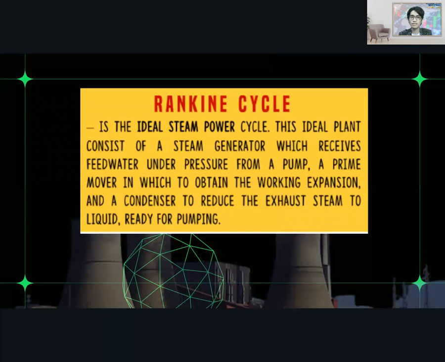This ideal plant consists of a steam generator which receives feed water under pressure from a pump, a prime mover in which to obtain the working expansion, and a condenser to reduce the exhaust steam to liquid, ready again for pumping.